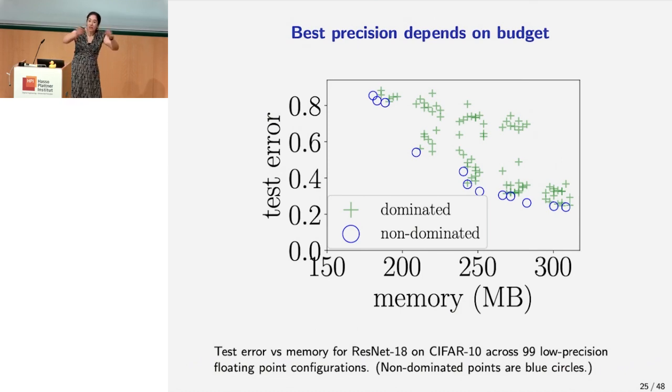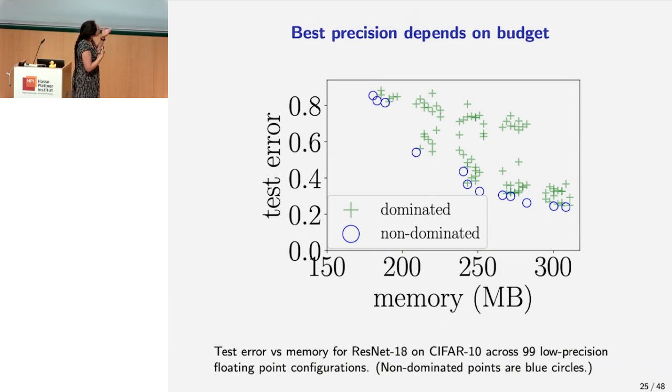So we tried different combinations of these things in different parts of your deep learning pipeline optimizer. We plotted how much memory they require and what test error they give you. Obviously higher memory performs better in general, but at a given memory budget, there is a best trade-off.